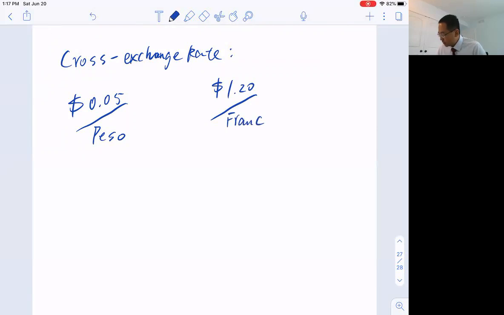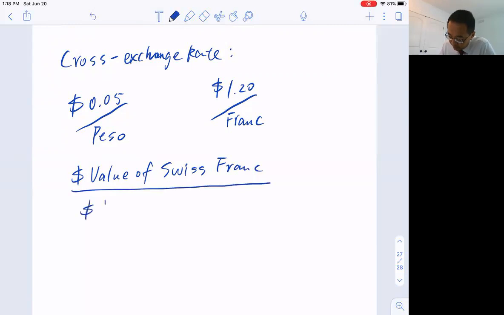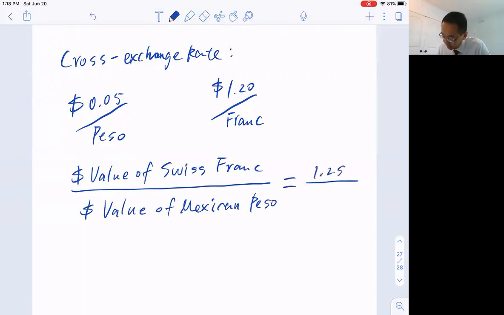Now, if you want to know what the exchange rate is between pesos and francs, what you do is take the dollar value of your Swiss franc divided by the dollar value of your Mexican peso, which is $1.20 over 5 cents, and that gives you 24.